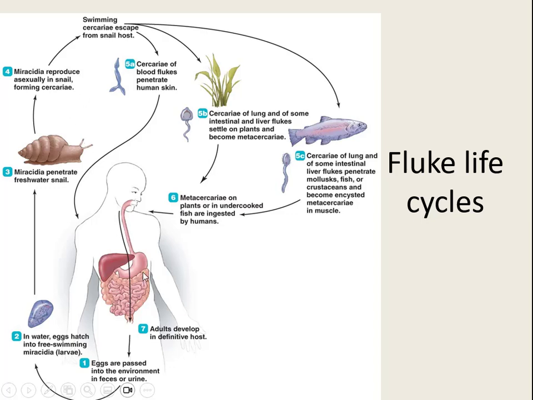Again, how we pick it up, we eat watercress, we eat fish that isn't cooked, your sushi, or depending on which one it is, some of them can actually burrow through skin if you're in contaminated water. Once they get in the body, they start to develop, they can develop into a definitive host. If we get one of the human flukes in our body, we shed eggs. If you urinate or have fecal matter that ends up in water, starts the whole life cycle all over again.